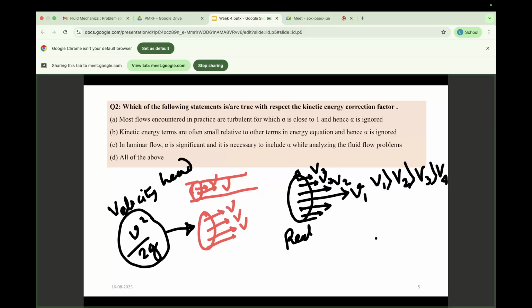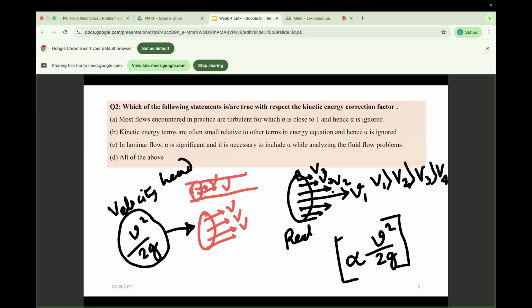So for this, we take a constant alpha before the term, and this whole term is known as the velocity gradient in real life. This alpha is known as a correction factor. That means this is a factor that will help to eliminate the effect of this change in velocity. So that is the concept. This alpha is for the real life scenario.